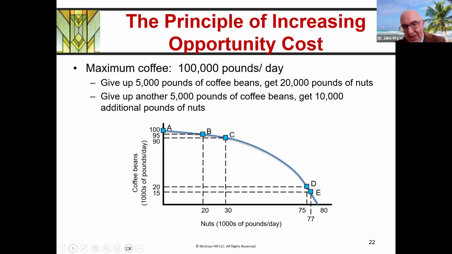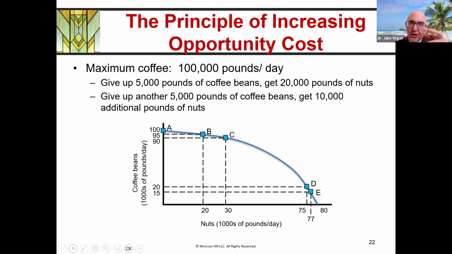You're only giving up 10,000 pounds of nuts. And think about it from C to D. C to D, you're losing 70,000 pounds of coffee, 90 to 20, but the opportunity cost is 47,000 pounds of nuts.